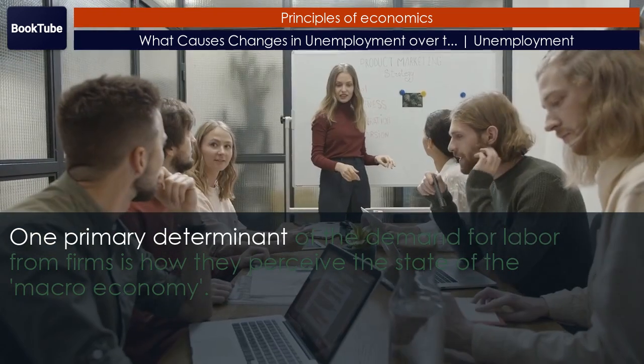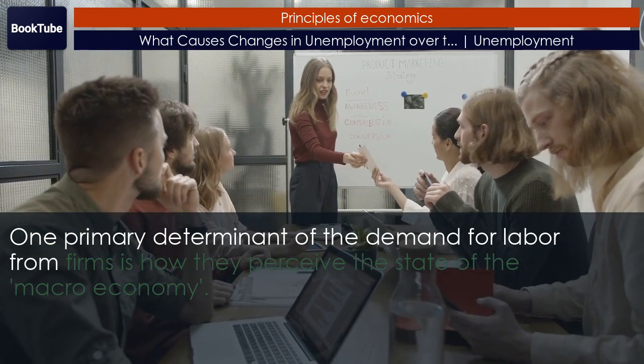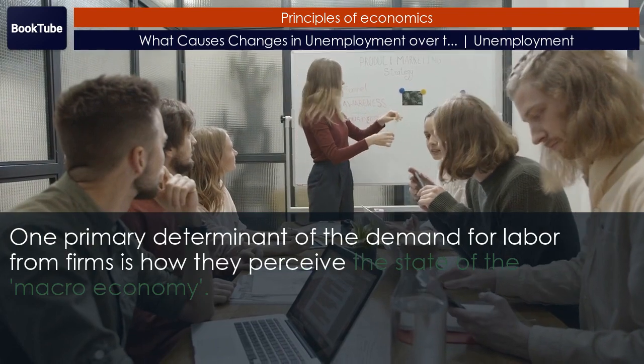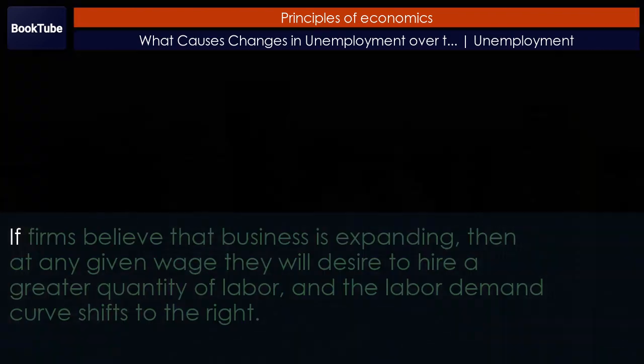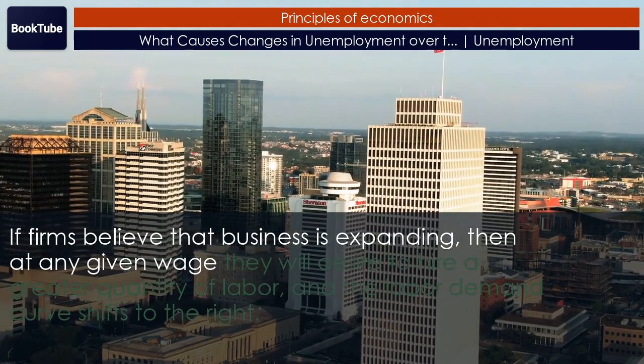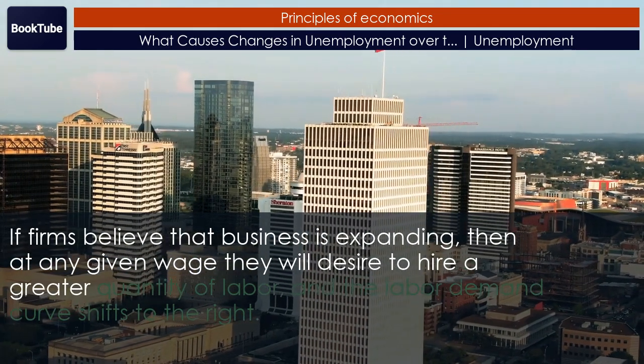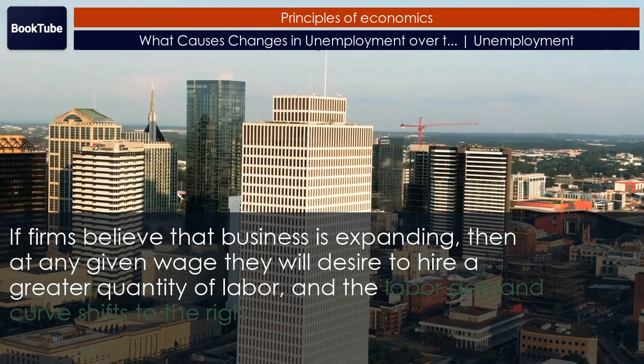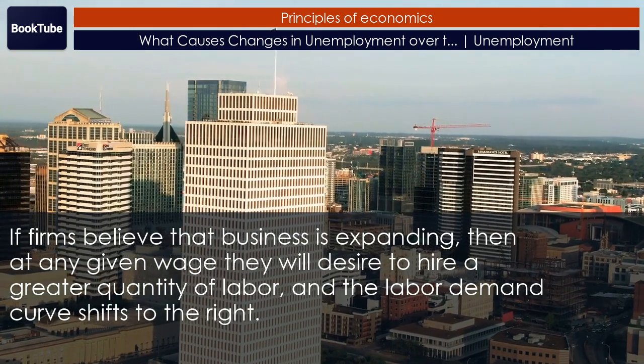One primary determinant of the demand for labor from firms is how they perceive the state of the macroeconomy. If firms believe that business is expanding, then at any given wage they will desire to hire a greater quantity of labor, and the labor demand curve shifts to the right.